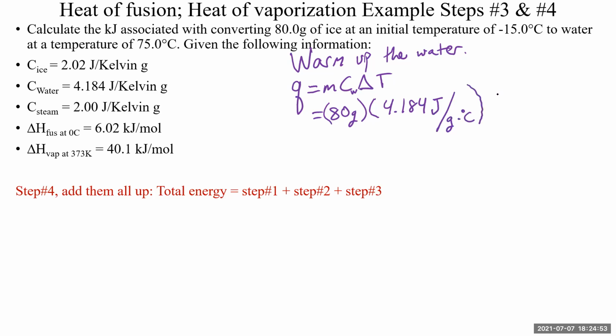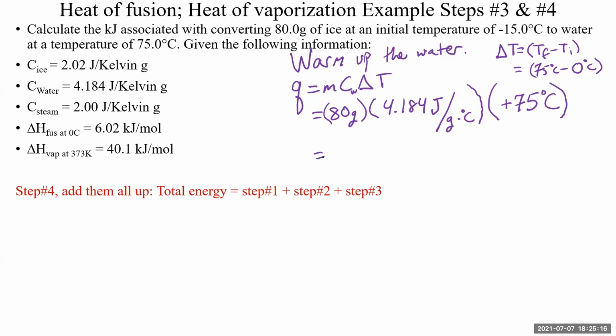Remember, it doesn't make any difference. Delta T. So what's our delta T? Well, our final temperature minus our initial temperature, obviously. Our final temperature is 75 Celsius, and our initial temperature is 0 Celsius. We're starting at 0. So this is a positive 75 degrees Celsius.